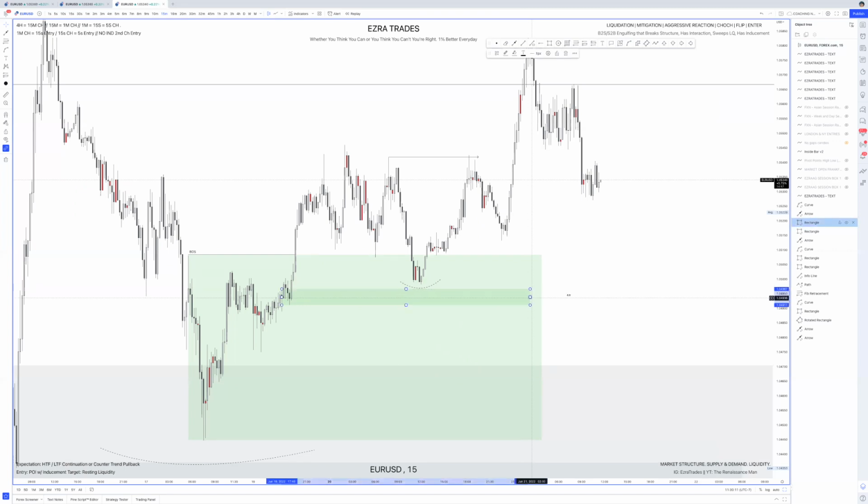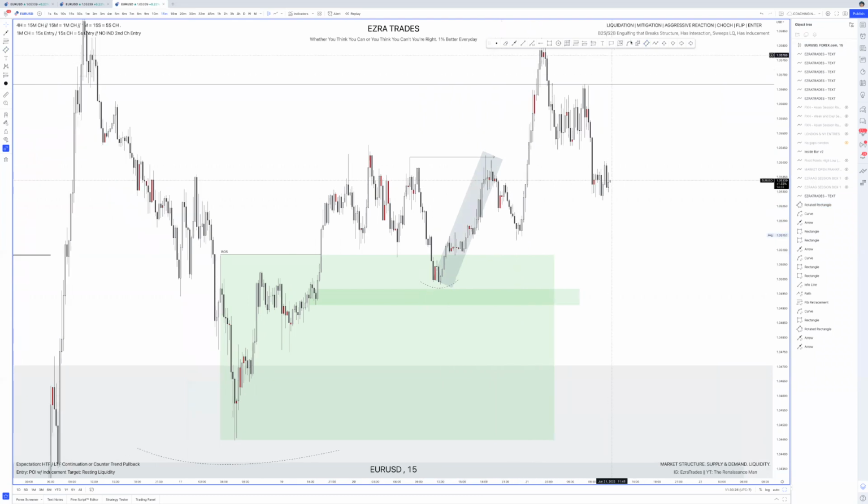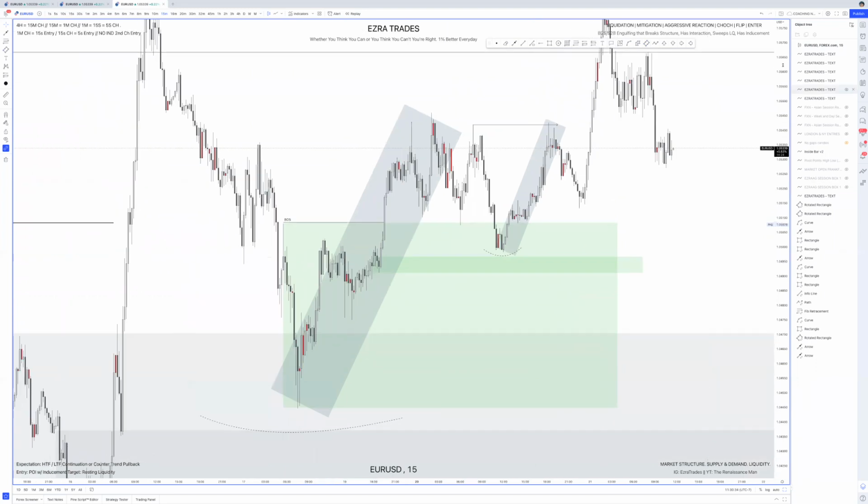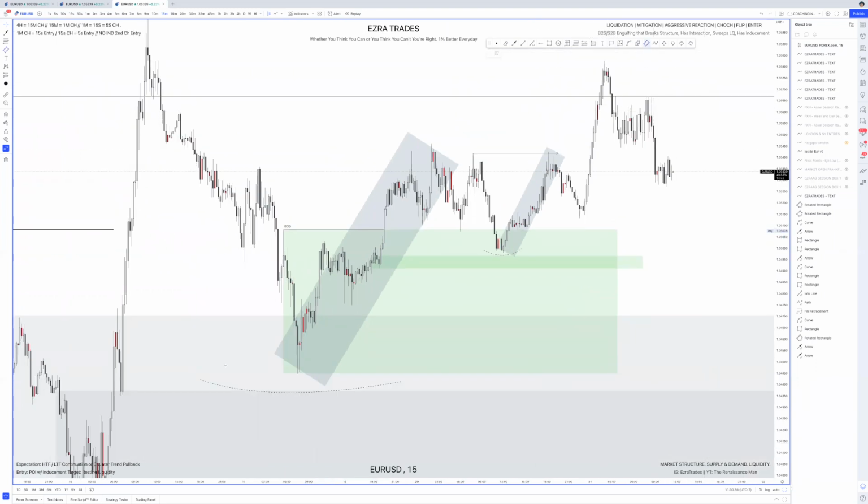But at the same time, what we have to be aware of is that the current order flow is still 15-minute bullish. And so in our mind, if we see that the 15-minute is bullish, right? This was the first big swing here. We had this, right? Then we know that the 4-hour swing is also bullish, right? This would be the 4-hour swing, right?